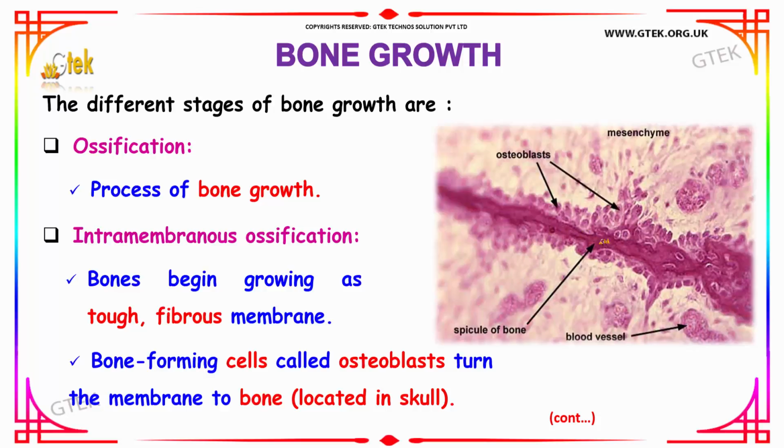The cells that form the bone are known as osteoblasts, and they turn the membrane in the infant to bone. So, the membrane such as mesenchyme is converted into a bone by the osteoblast cells.